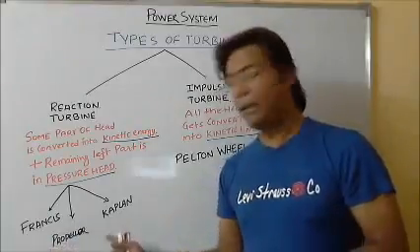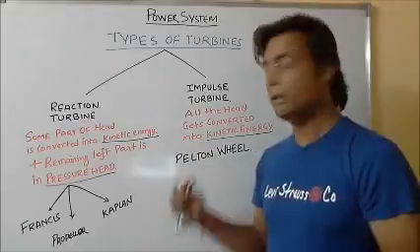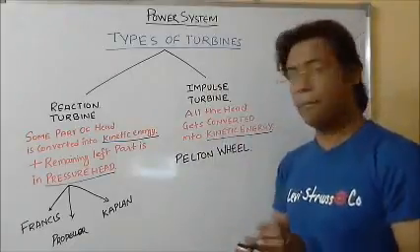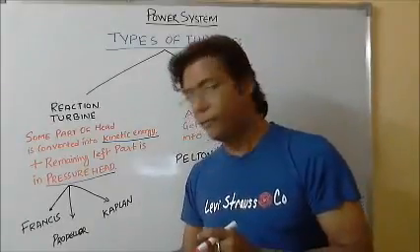All three, Francis, propeller and Kaplan, FPK, are reaction turbines, whereas the Pelton wheel is an impulse turbine.